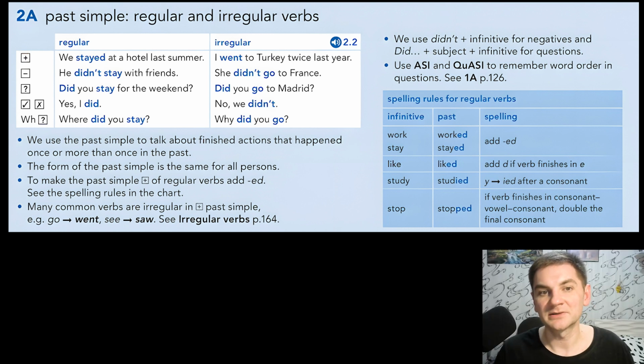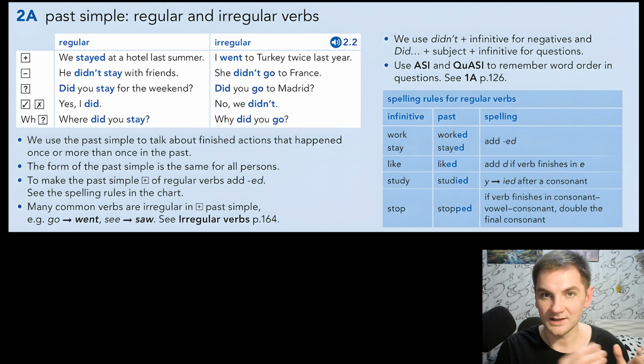Past simple, regular and irregular verbs. Let's read these rules, or just one big rule. We use the past simple to talk about finished actions that happened once or more than once in the past. Just finished actions.